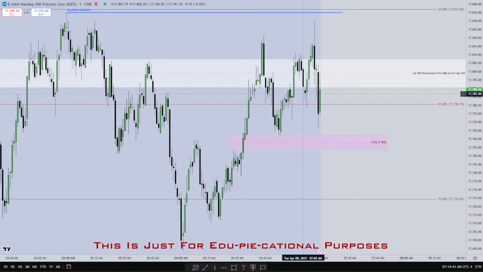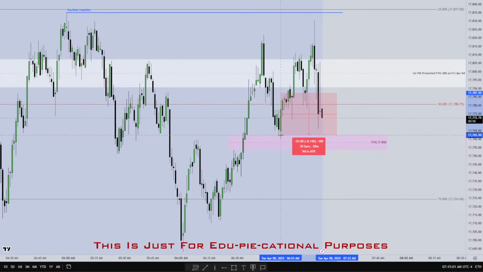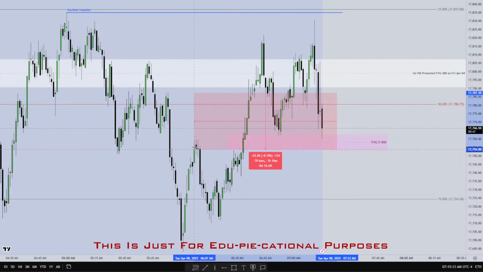You can enter for a short position coupled with this fair value gap, this volume imbalance as well as this breaker. And targeting from here, if you consider the top of this fair value gap, which is also the very short term sell side liquidity, it gives us around 25 handles, and it has the potential to go lower and reach the top of these candles here.